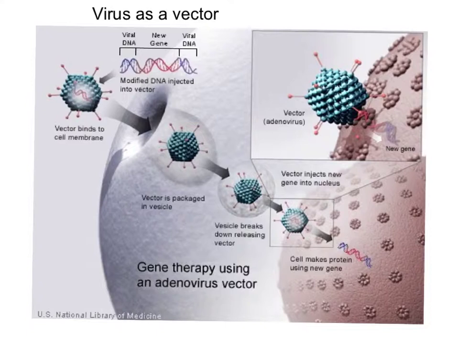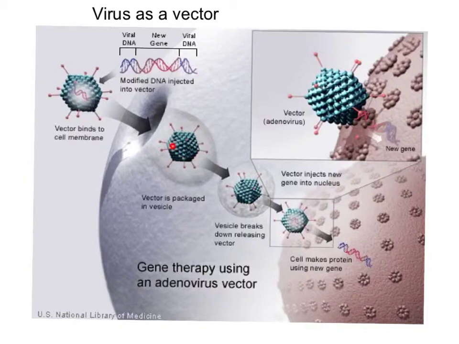Virus as a vector here. So here's our virus. The virus has got its own viral DNA, and it's got our gene that we've inserted in here. We would have inserted that with restriction enzymes, sticky ends, ligase, etc., and then got the DNA into the virus. And then in this case, the virus actually invades the cell entirely.